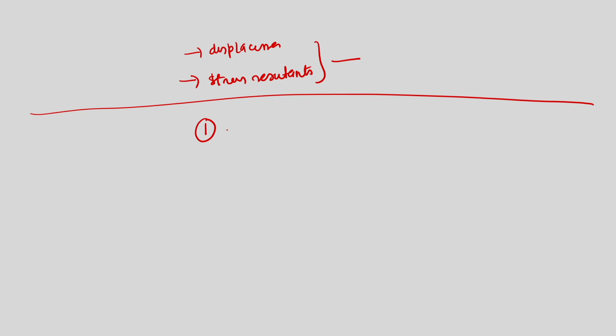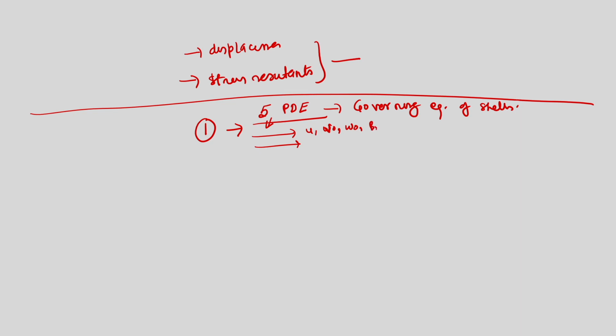Number one, we have all 5 partial differential equations that we call the governing equations of the shell. If we substitute the shell constitutive relations, we can express them in terms of displacement variables and their derivatives. In the case of simply supported, we did it. They will be expressed only in these 5 variables.